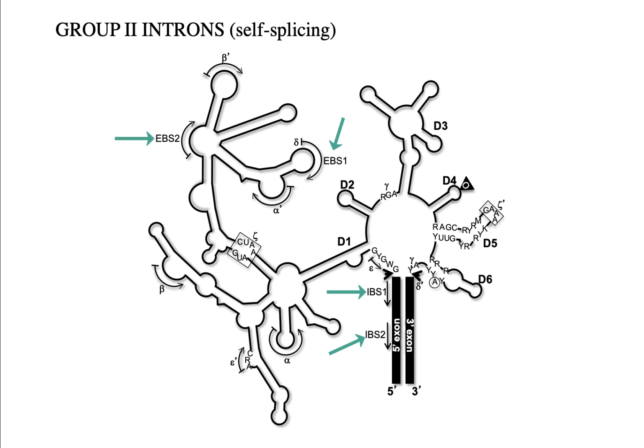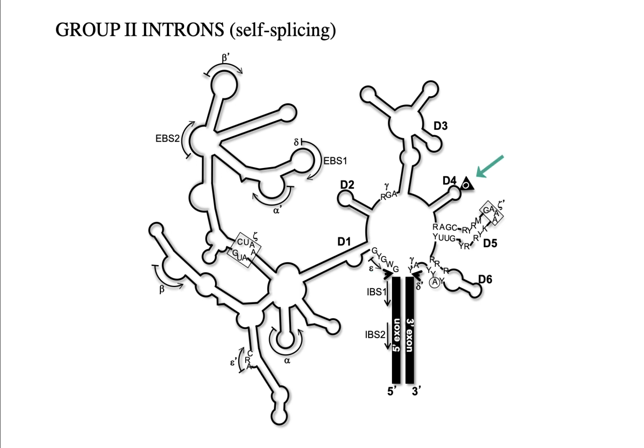There are also other regions that pair up: alpha and alpha prime, beta and beta prime, etc. And then in D6, you can see the adenosine, the A sticking out there, which is the nucleotide that starts out the reaction at the 5' intron exon border, covalently bonding to the other part of the exon or the intron to form a lariat structure.